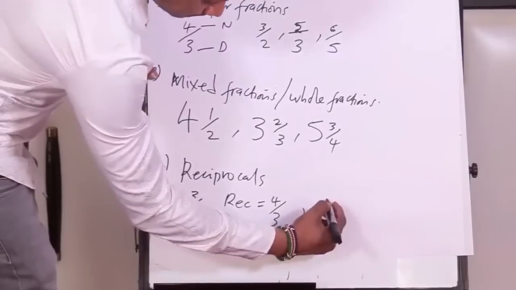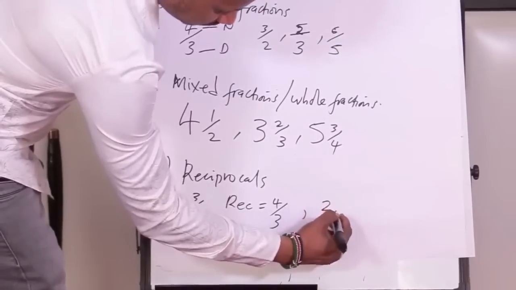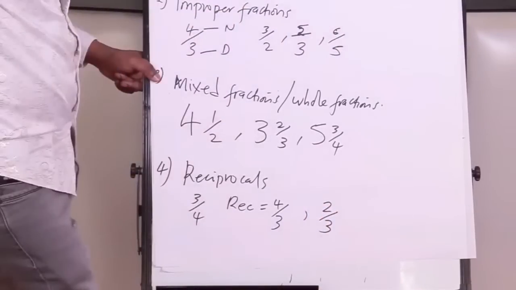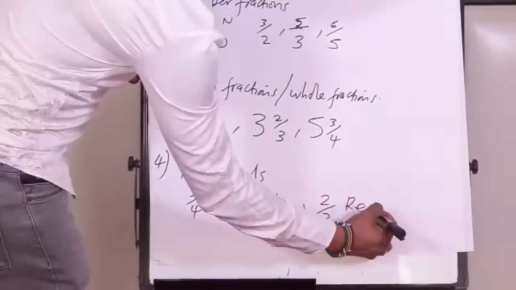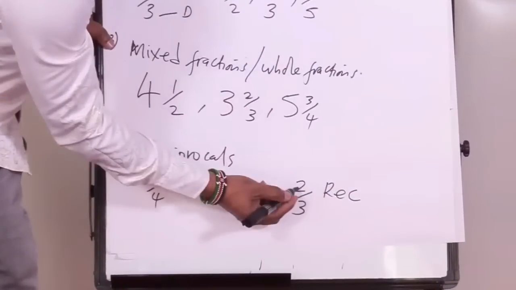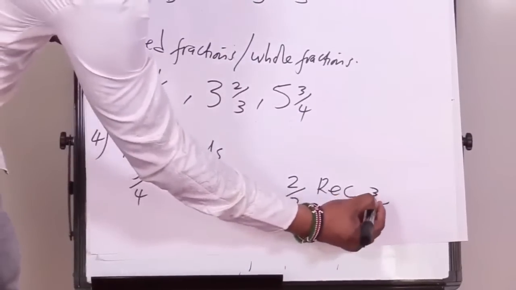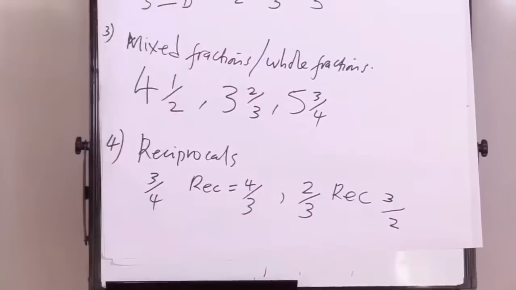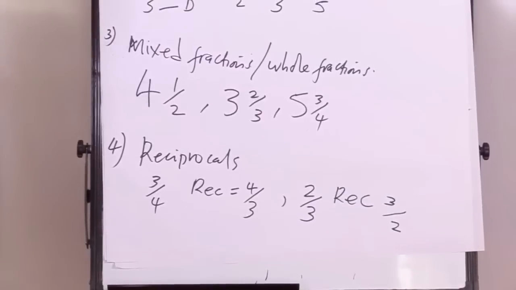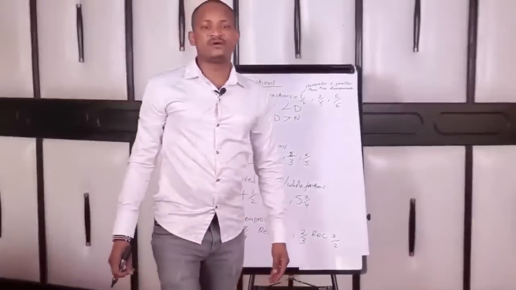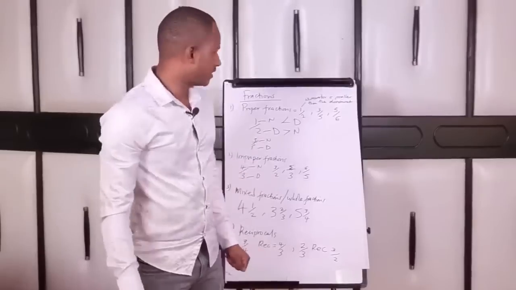Another example, if we have 2 over 3, the reciprocal of 2 over 3, the numerator becomes the denominator and the denominator becomes the numerator. So these are different types of fractions that we have.